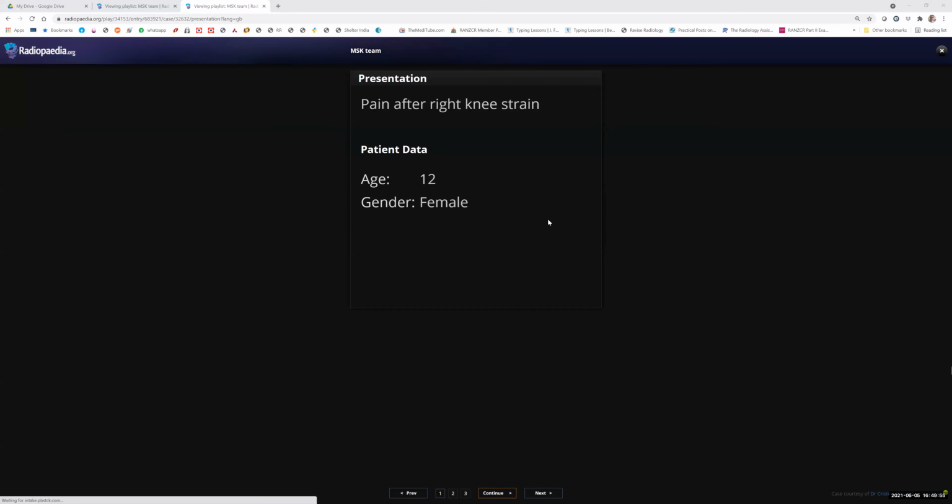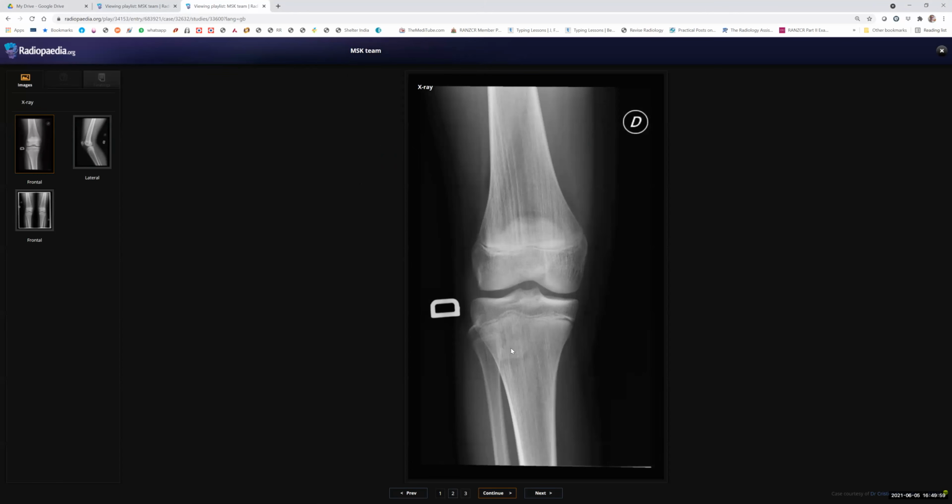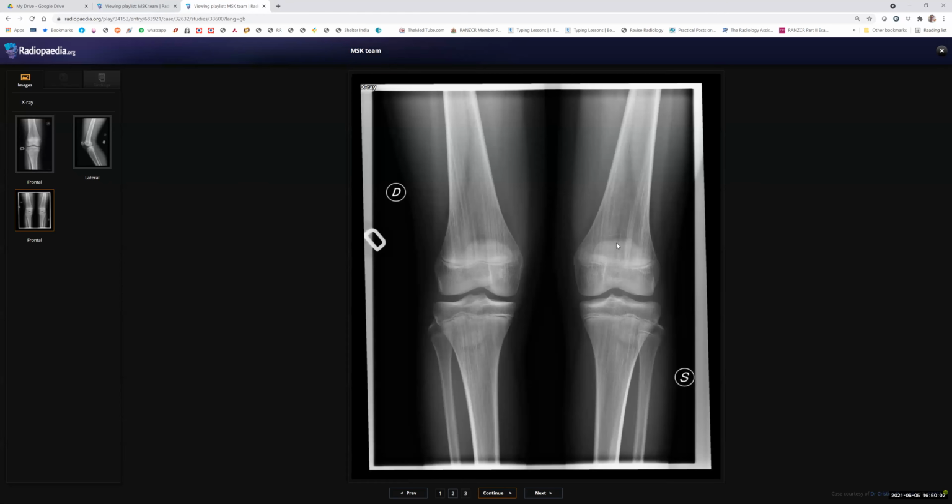And this is pain after a right knee strain. If you say it's a permeative lytic lesion, then suddenly the X-ray will go, because it's a do-not-touch benign lesion, bilaterally symmetrical. Once you call it an aggressive lesion, you are an unsafe radiologist.